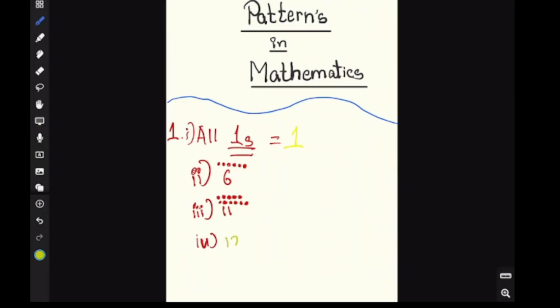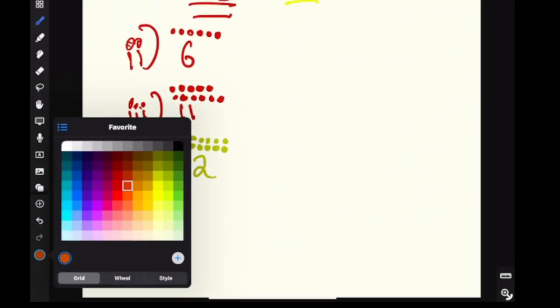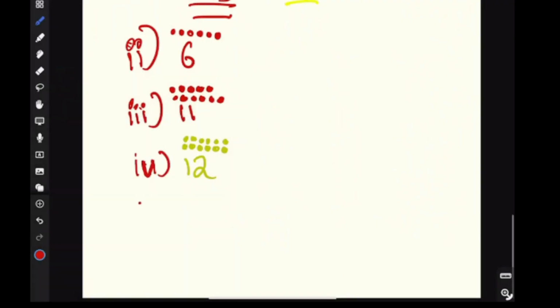So the answer is, I'll zoom it a bit, 12. So the answer is 1 2 3 4 5 6 7 8 9 10 11 12. Okay, so this is the correct answer. Please note it down.